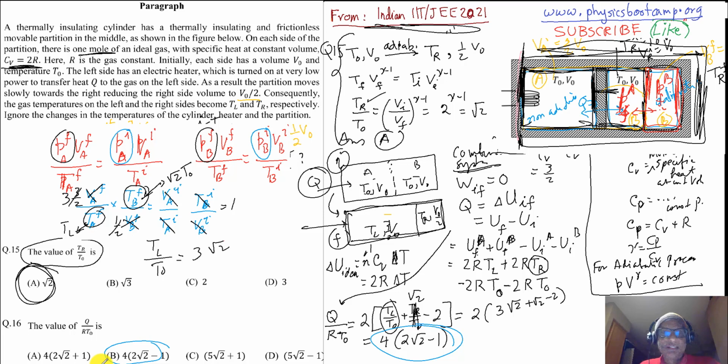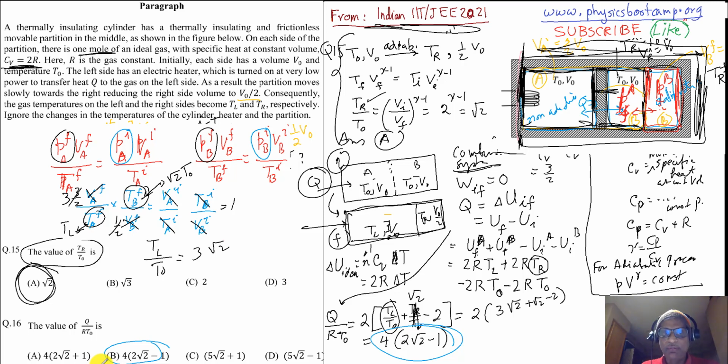Okay, so that solves this problem. And you can see it's complicated, but there's a method to this madness. Usually thermodynamics problems go like this.